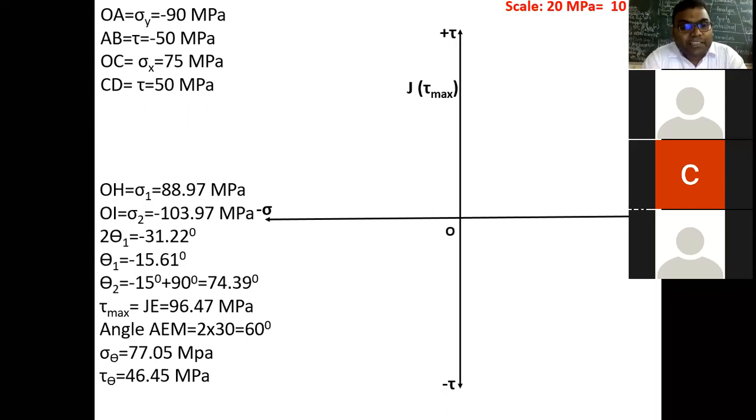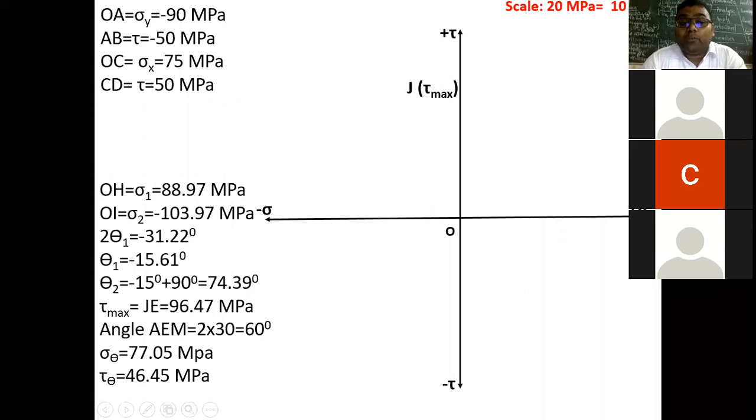Now, after this, whichever circle we draw, take the positive one first. So we have to take a proper scale. Suppose I have taken 20 megapascal equal to 10 mm or 1 centimeter. Then this one is positive, 75 is positive. So just divide by 20.